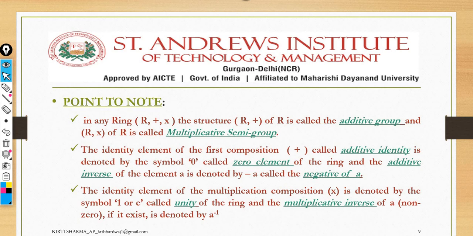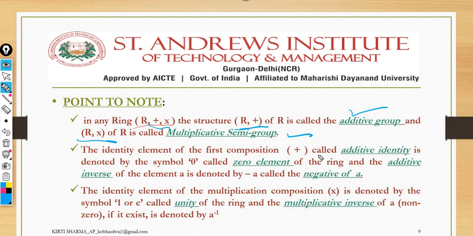Some points to note here. This is a ring R with the two symbols, plus and multiplication, the two binary operations. If you take R with the plus addition binary operation, then it is known as an additive group, and if R with the multiplication, then it is a multiplicative semi group. I hope everyone knows about the group and the semi group.